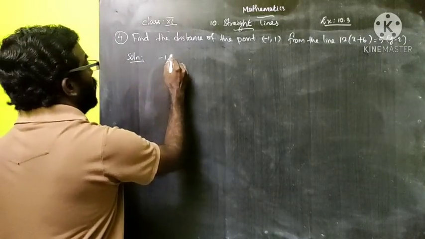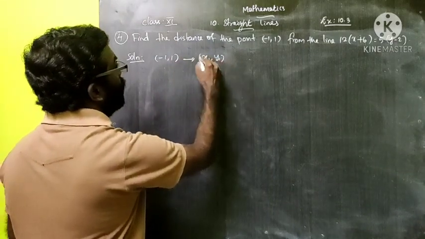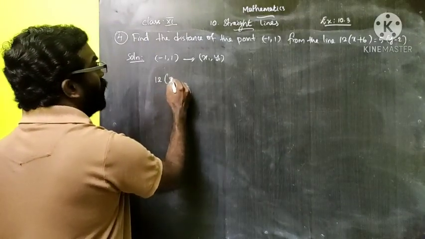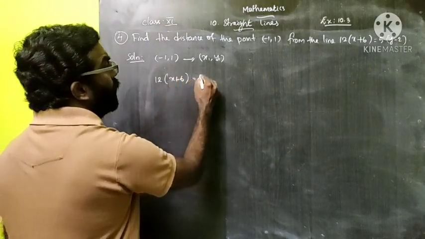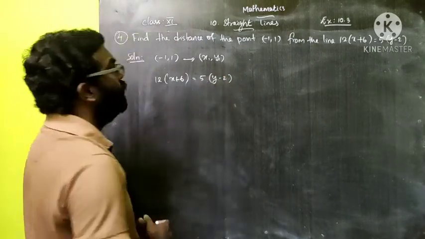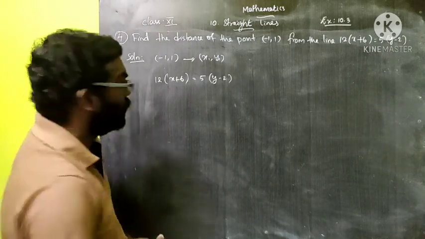So we can consider the point minus 1 comma 1 as x1 comma y1. The equation of the line is 12 into x plus 6 equal to 5 into y minus 2. First of all, we can reduce it into the standard form ax plus by plus c is equal to 0.